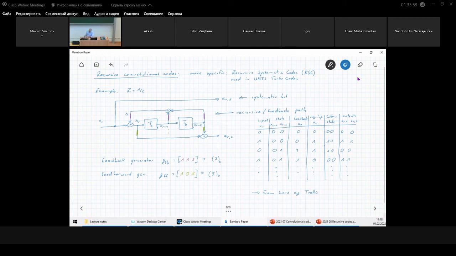Okay, and from here we could draw, for example, the trellis diagram. We could also do the Viterbi decoding. This is all valid what we do.